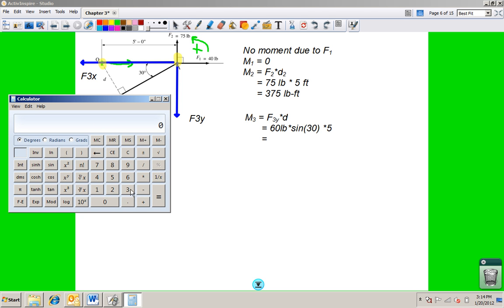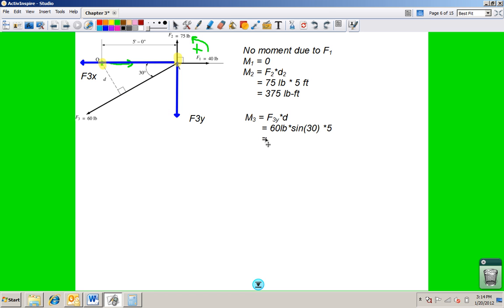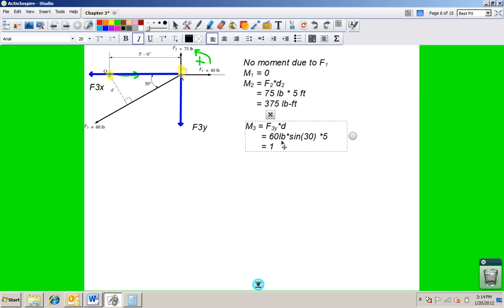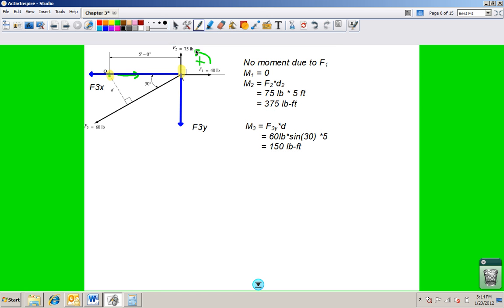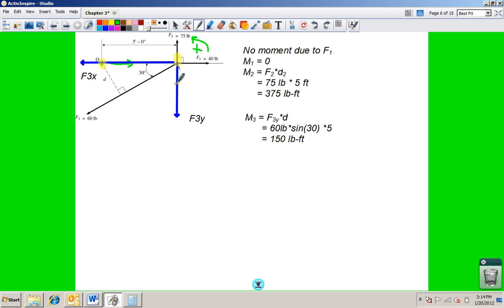Let's do, alright, we're in degrees, so 30 sine half times 60 times 5 equals 150. Okay. So we have 150 pound foot.